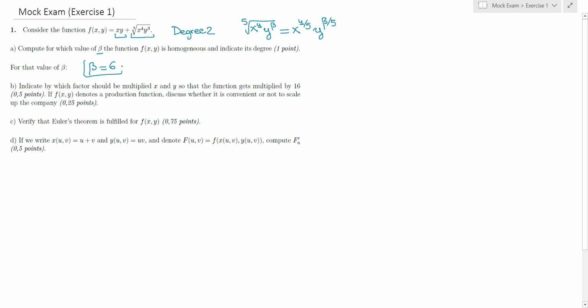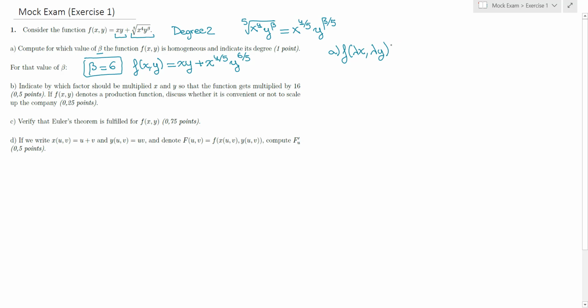Once we have seen it without the definition, we can and we should check it through the definition. So let's do it. Now the function we have is xy, and it is quite convenient for all manipulations to put the root as a power. So it's x to the 4/5 times y to the 6/5. Now we have f of lambda x and lambda y.